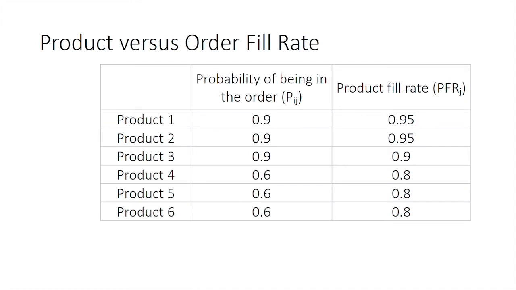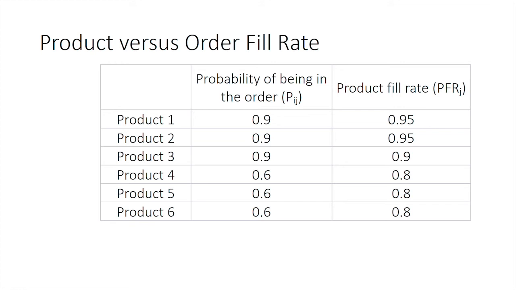Here, I will show you a more detailed and realistic example in which we consider one order, which includes 6 products. So i here is 1 and j could be a number from 1 to 6. And you can see all the Pij and PFRj in the table.